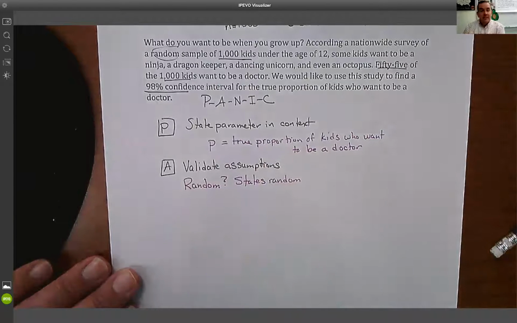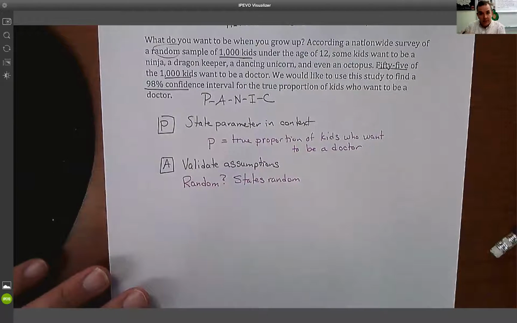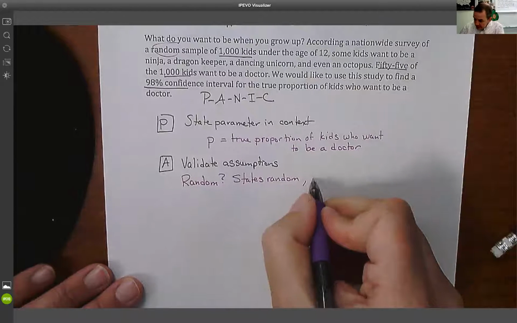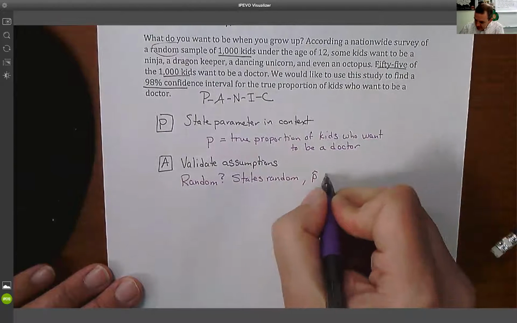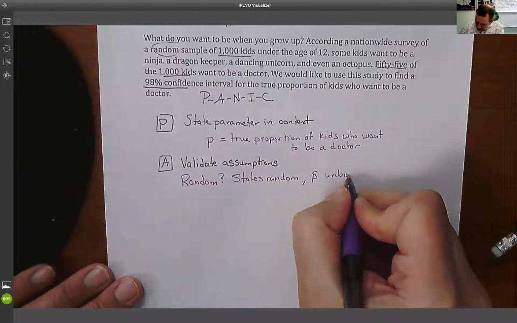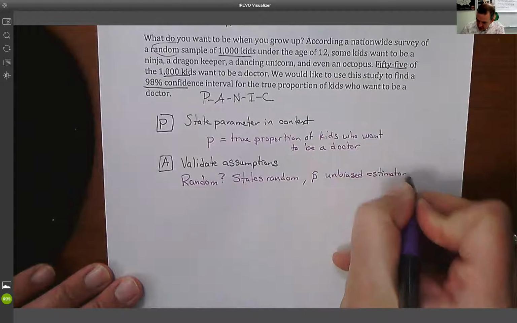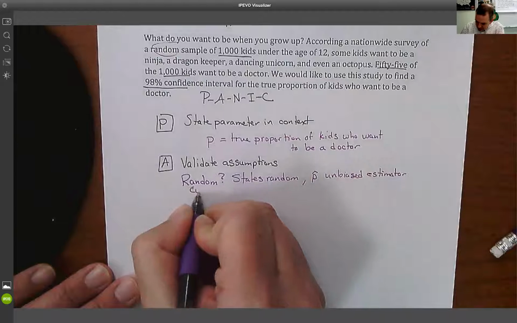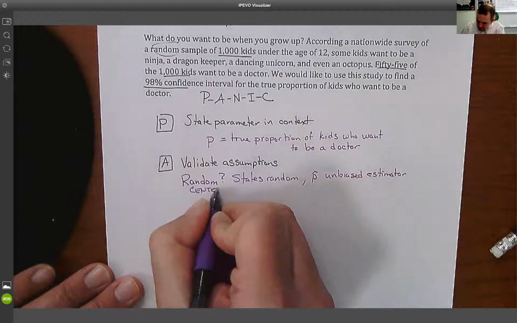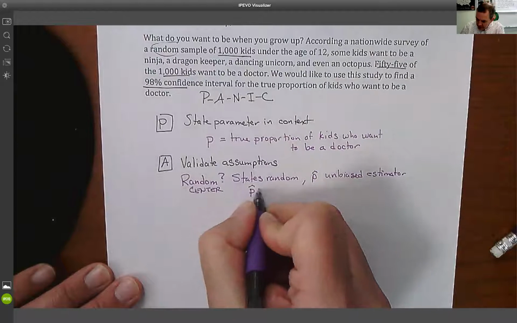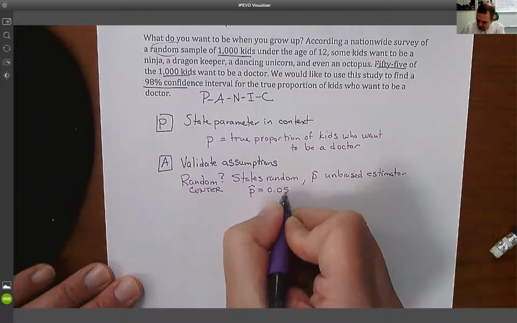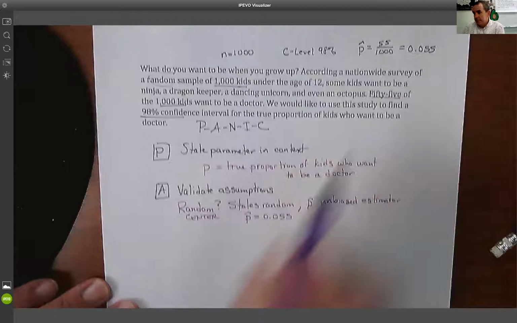What that means is that P hat is an unbiased estimator. It means it's a good measure of center. Random has everything to do with figuring out the center of the distribution. So I know that P hat is 0.055 from up top.